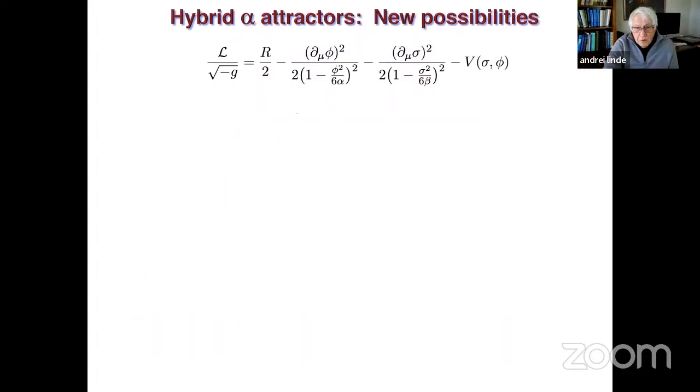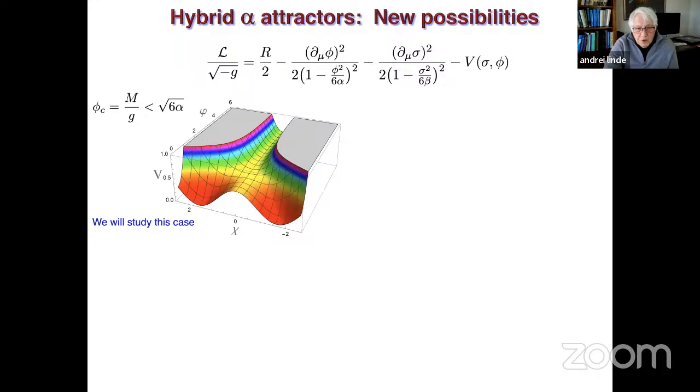And now, finally, what happens if we study this theory and look at the potential? If you have a critical value of the field not too large, then the theory behaves just like it was behaving before, qualitatively.